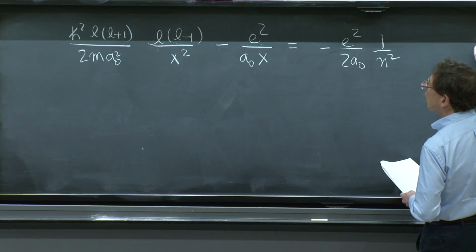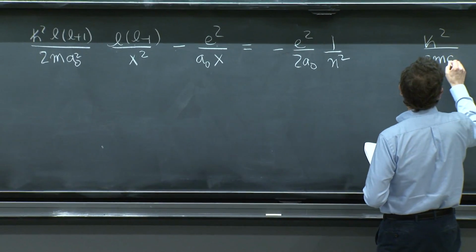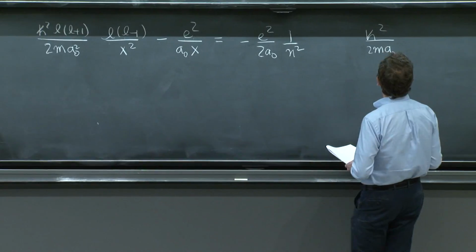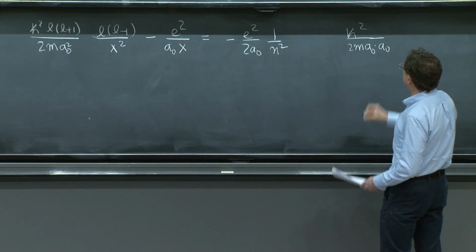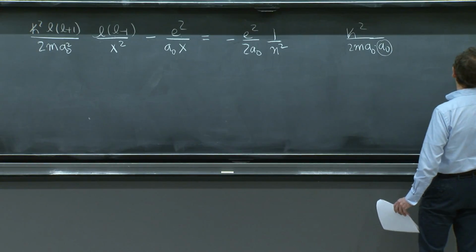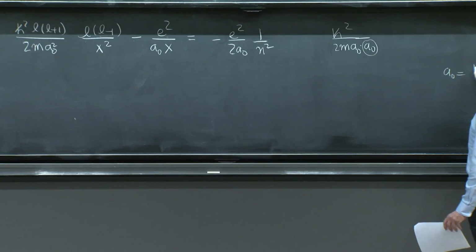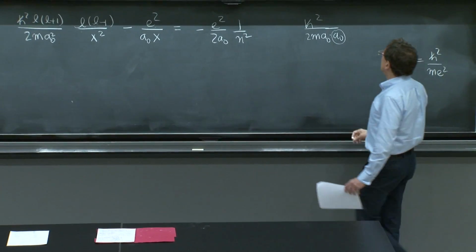So what must be happening is that the coefficient in front here, ħ² over 2m a0 squared, let's take the other a0 and separate it out, and transform this. Remember, a0 was ħ² over m e².